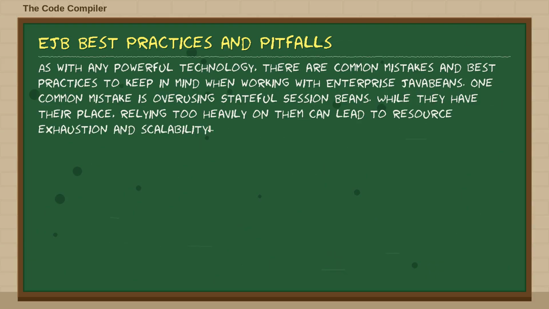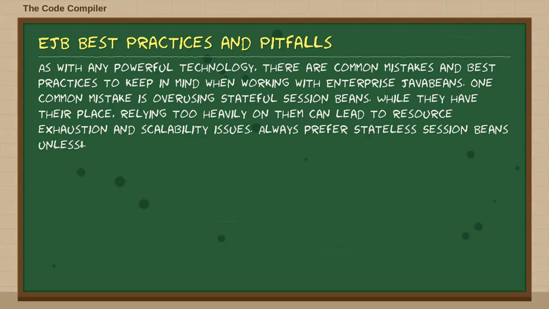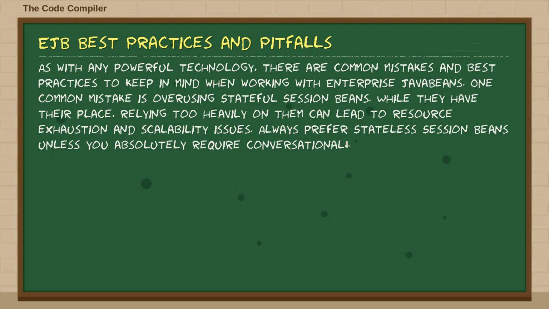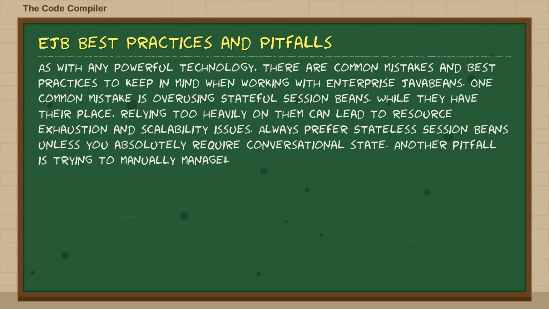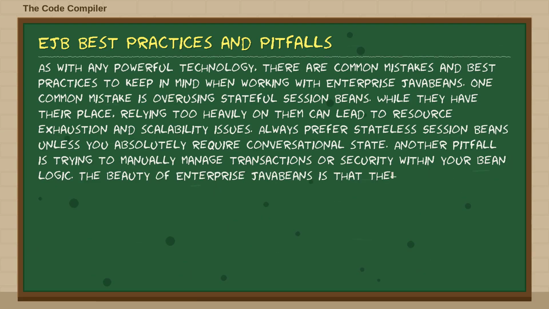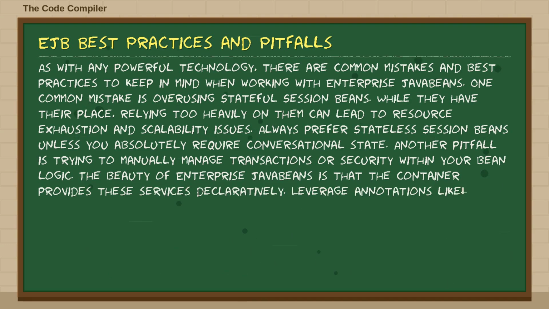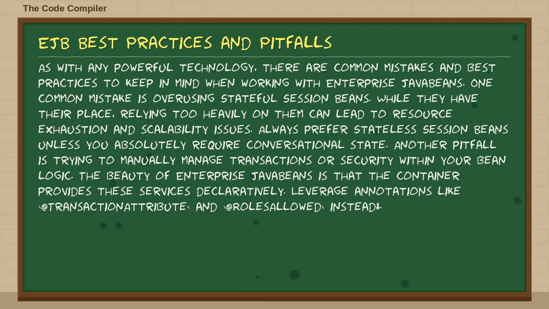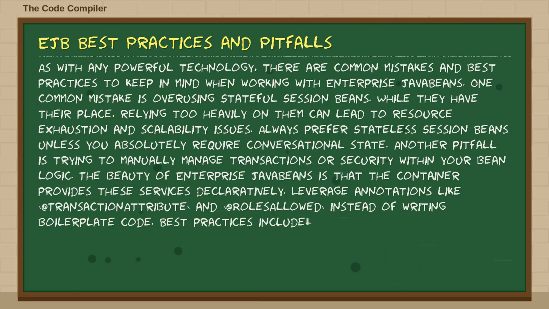Always prefer stateless session beans unless you absolutely require conversational state. Another pitfall is trying to manually manage transactions or security within your bean logic. The beauty of Enterprise JavaBeans is that the container provides these services declaratively. Leverage annotations like @TransactionAttribute and @RolesAllowed instead of writing boilerplate code.